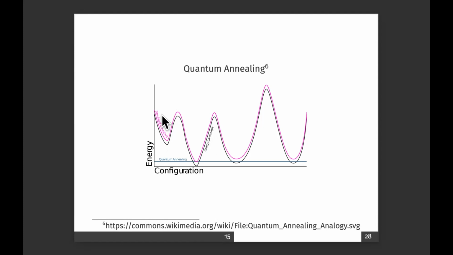But for quantum annealing, what it does is make use of the quantum tunneling feature of quantum particles. So it's able to tunnel through this energy landscape and determine the minimum.